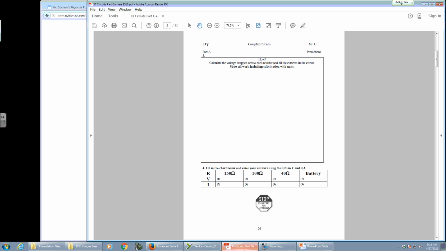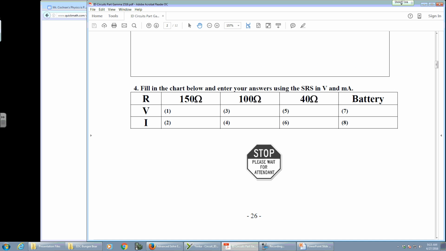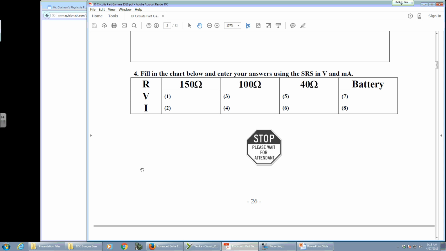So then you get down here to this bottom table that you need to fill out. Which current was it that went through the 150 ohm resistor? I2. So that's, are you sure? It's always good to make sure you know. Well, maybe yours was I2. I think mine was I3.